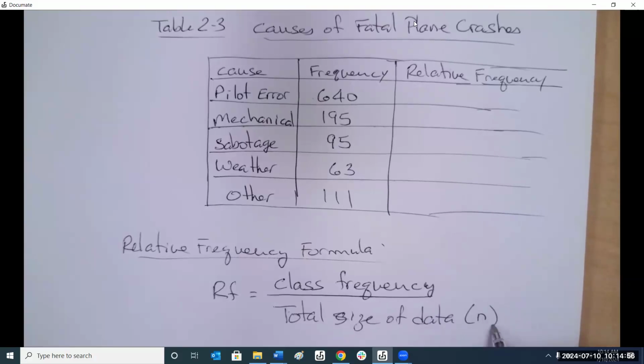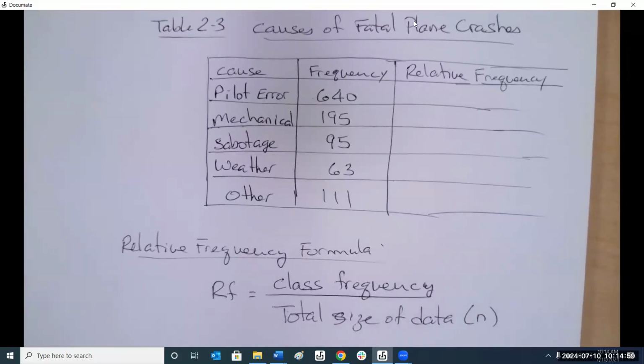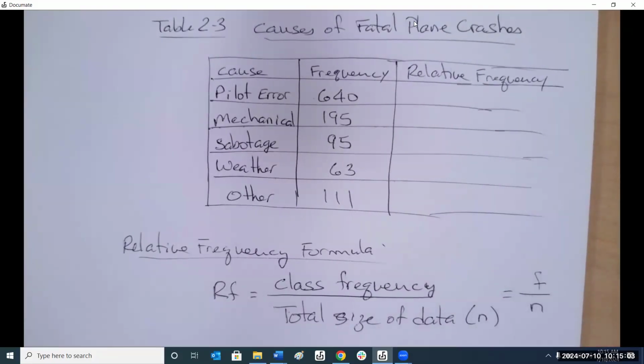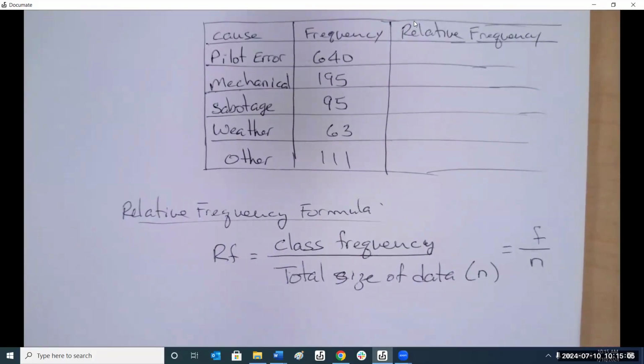This is the N number. So what we have is the frequency of the class divided by N.